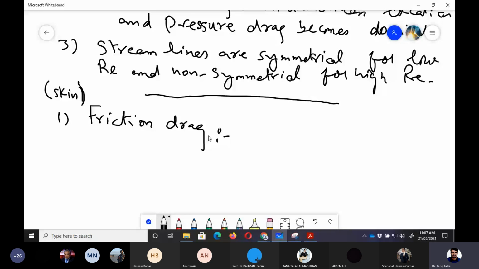And that is due to the shear stress acting on the surface, right?